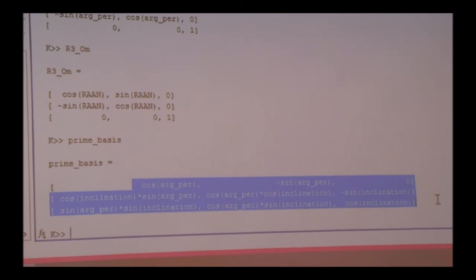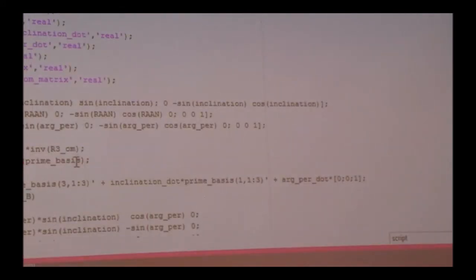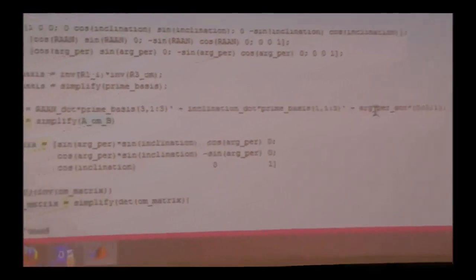As you recall, I need only these two, the first and last rows of this matrix. By the way, I posted this, and you should be able to run it, assuming you all have the symbolic toolbox. This expression here is putting together that omega.